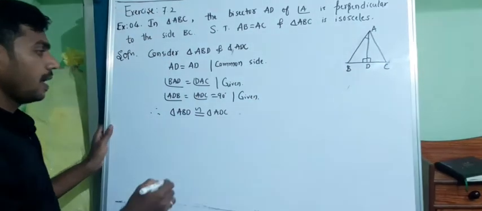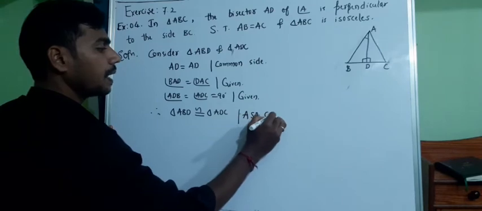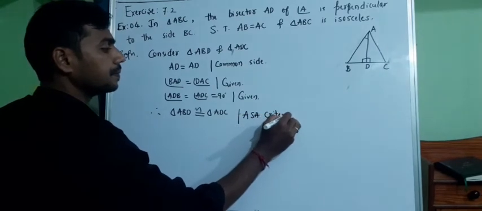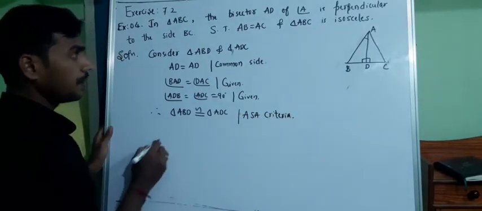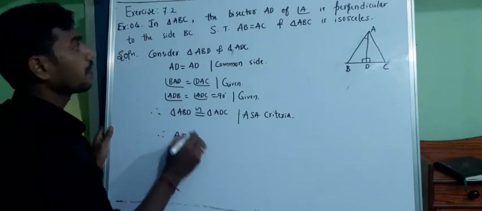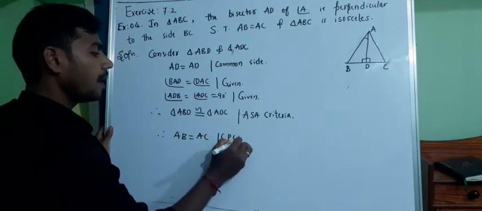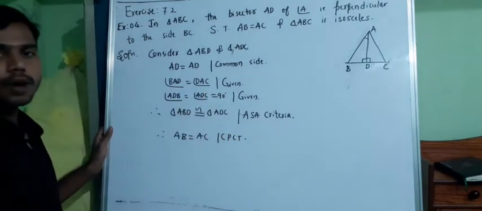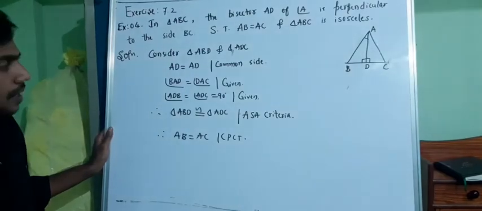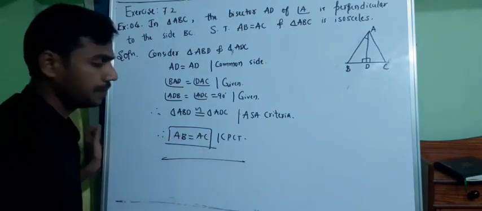That is because of ASA criteria. Now, therefore, AB is equal to AC. Why? CPCT, corresponding parts of congruent triangles. So, this is the proof. Please note this down.